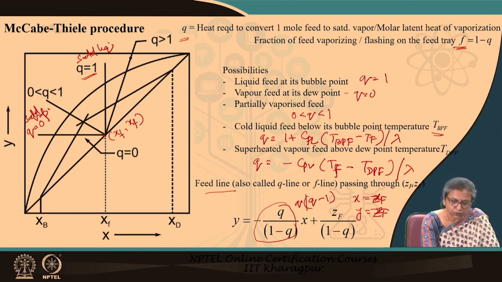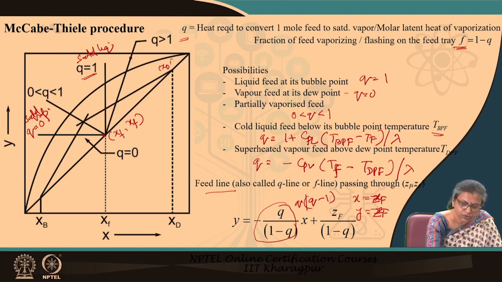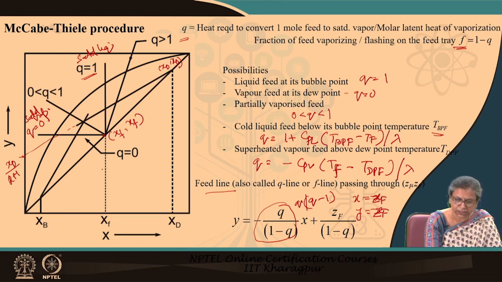So, you can locate the feed point and also find out the slope of the feed line. So, now what do you have? You can construct the upper operating line. One point you know corresponds to xd, and the intercept corresponds to xd by (R plus 1). You can also locate the Q point.